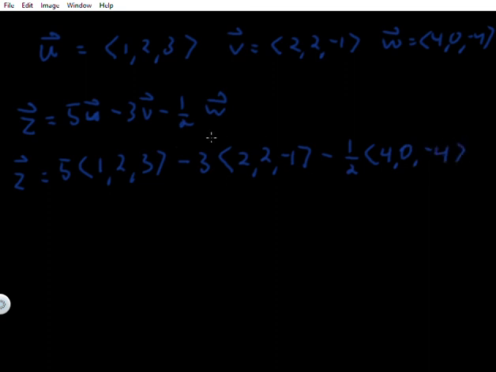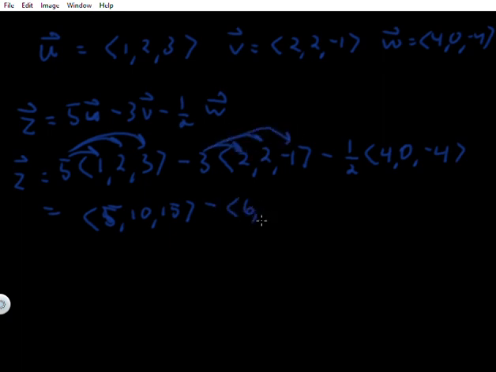All right, so let's do this real quick. Distribute the 5 if you want to think of it like this. This would give us 5, 10, 15, minus, distribute that 3, 6, 6, minus 3. We're keeping the minus outside for now.